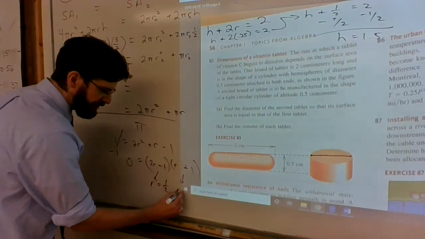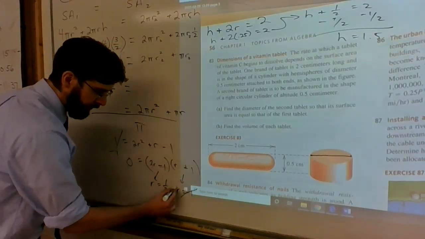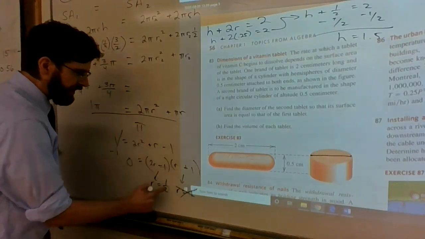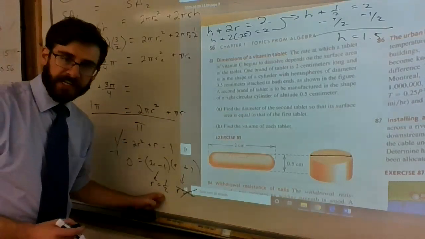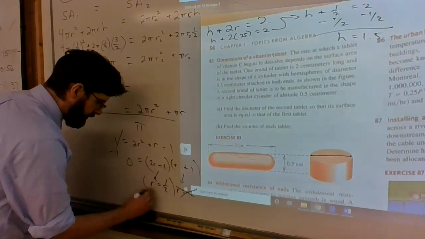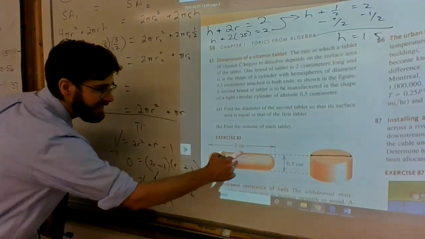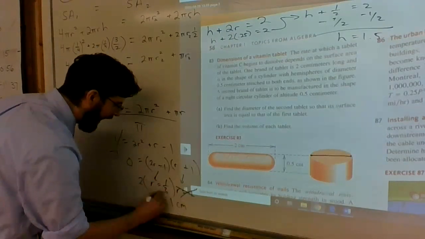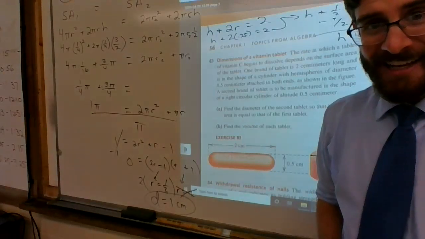This one, r equals -1. It's kind of absurd to have a negative value for a radius. So, the radius is a half. Find the diameter of the second tablet. We know the radius. Now we just double it. So 2r is the diameter, so it's 1 centimeter. Wow. Okay. Part A, done.